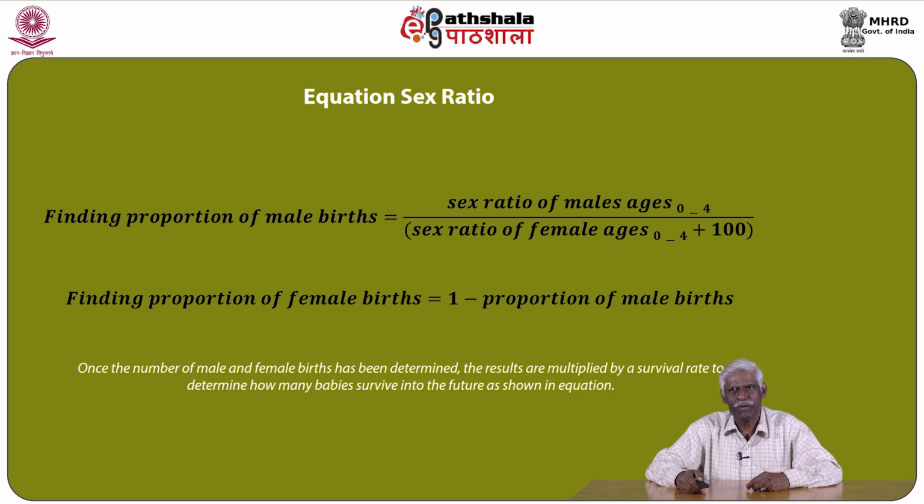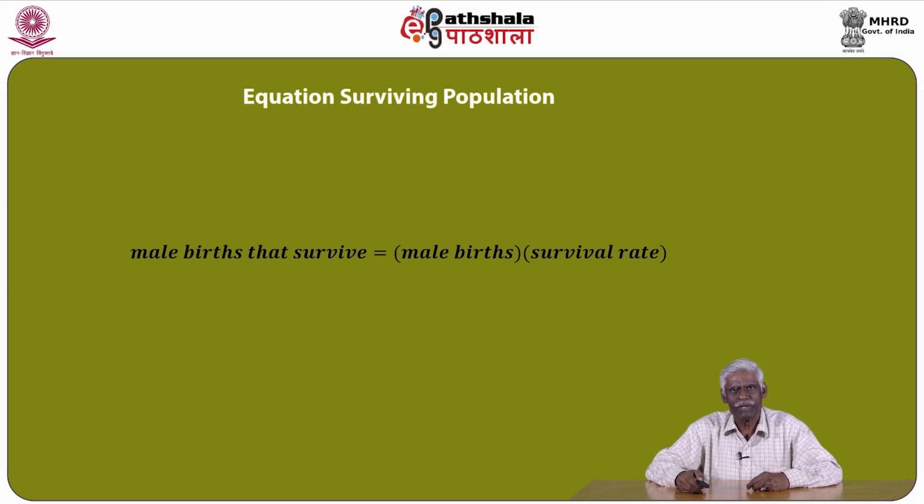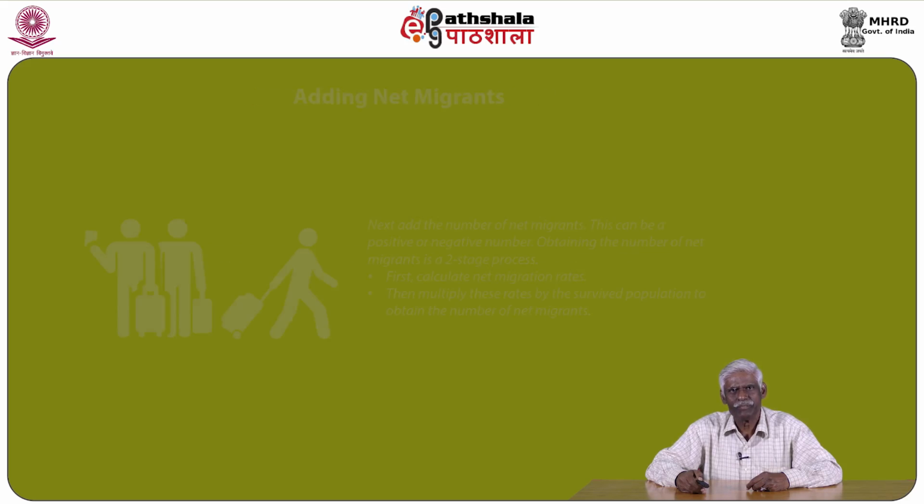Once the number of male and female births has been determined, the results are multiplied by a survival rate so as to determine how many babies survive into the future, as shown in the equation. Surviving male births are equal to male births multiplied by the survival rate.